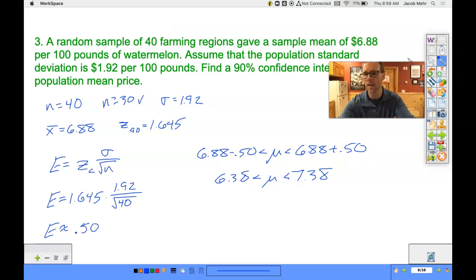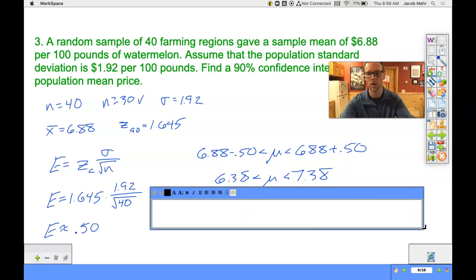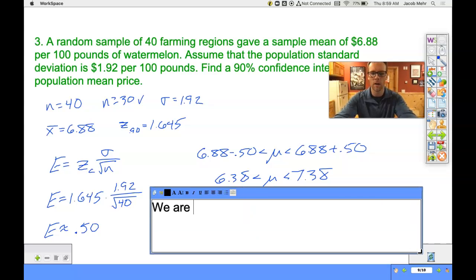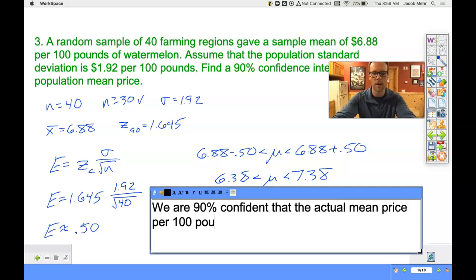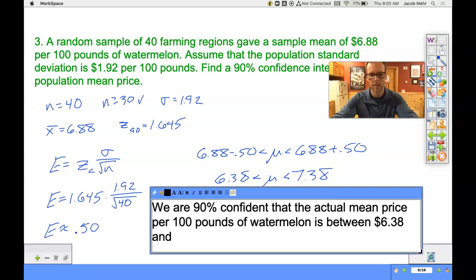So let's finish with the statement. And this is important. I don't want just this answer. I want you to actually say what you know here. We are 90% confident that the actual mean price per 100 pounds of watermelon is between $6.38 and $7.38.